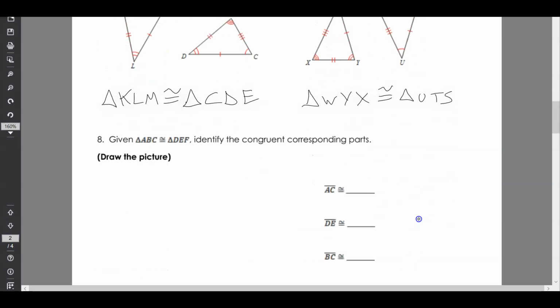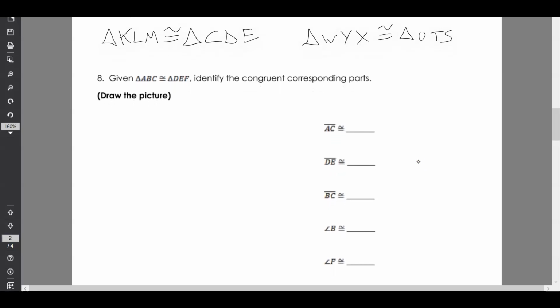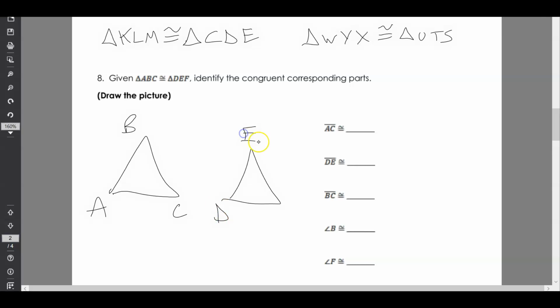All right. Down here, let's draw a picture. Given triangle ABC is congruent to triangle DEF, identify the congruent parts. ABC in the same order, DEF. Okay, so AC matches up with DF.